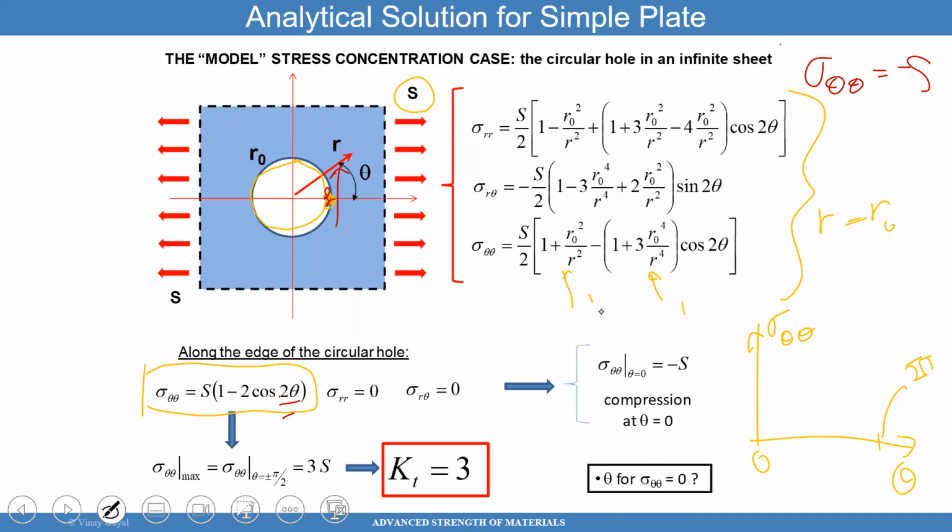So sigma theta theta, the hoop stress, is minus S at the hole.